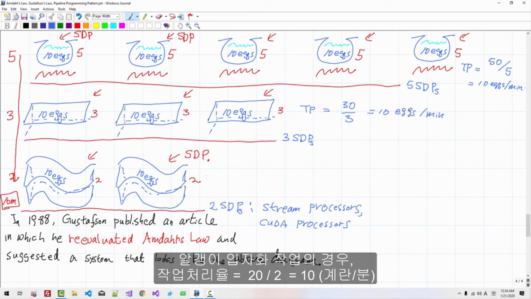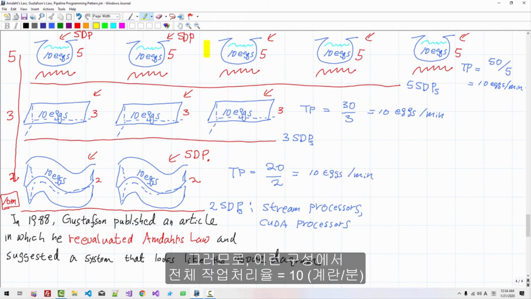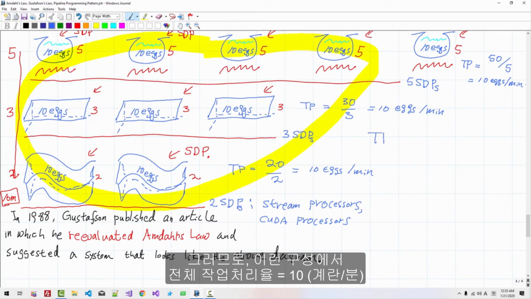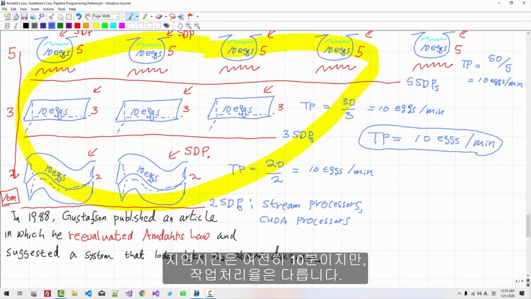In case of the granulation stage, the throughput is 20 over 2 minutes or 10 per minute. So in this configuration, the total throughput is 10 per minute. The latency is still 10 minutes, but the throughput is different.